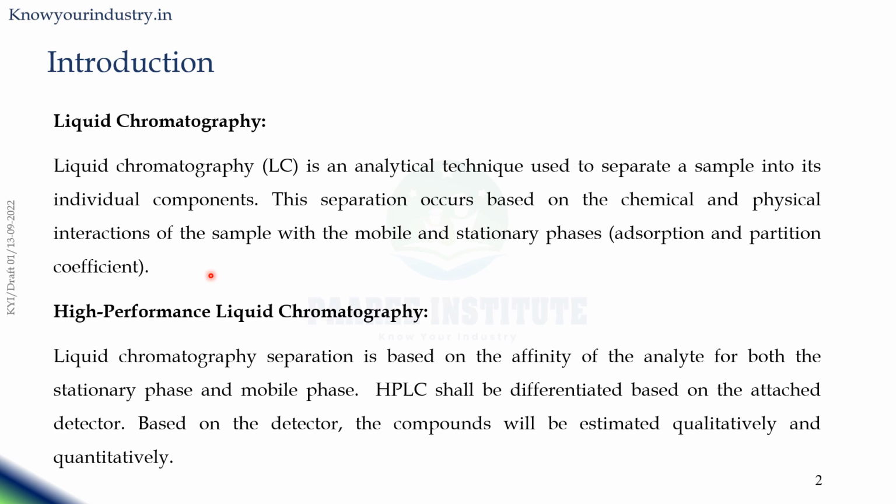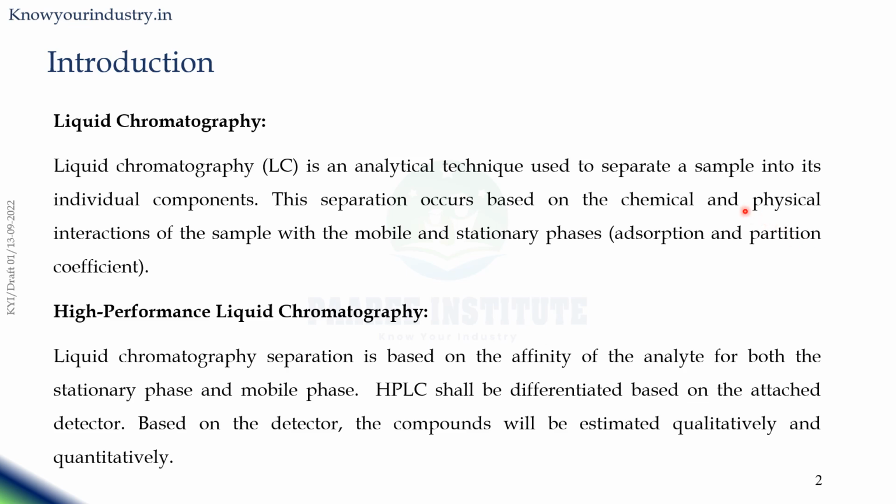The principle is basically adsorption and partition coefficient. And what is the chemical interaction and physical interaction? Physical interaction is nothing but the function like adsorption or partition coefficient phenomena.